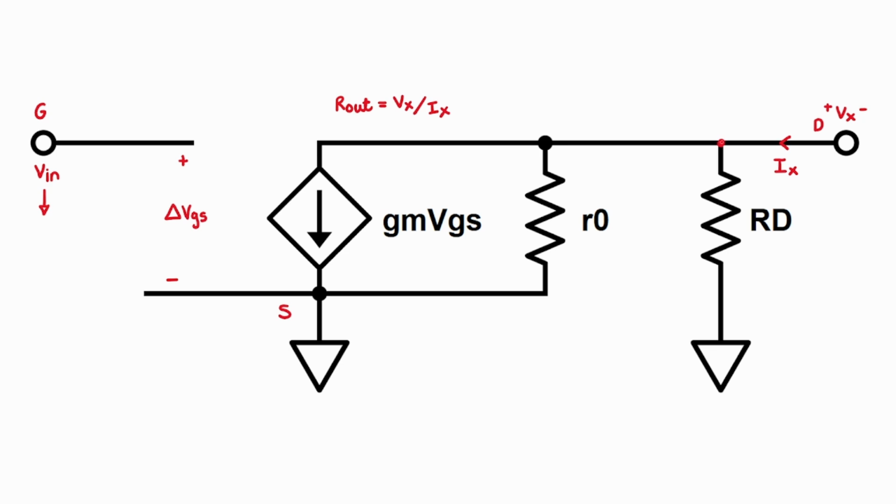Let's come up with an expression for Ix. This time, our current doesn't pass by these two resistors because we have a voltage at the output. The current through the RD branch will just be Vx over RD, and the current through the RO branch will just be Vx over RO. So where does our current go from here?